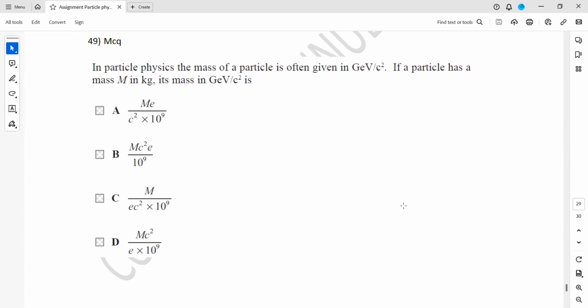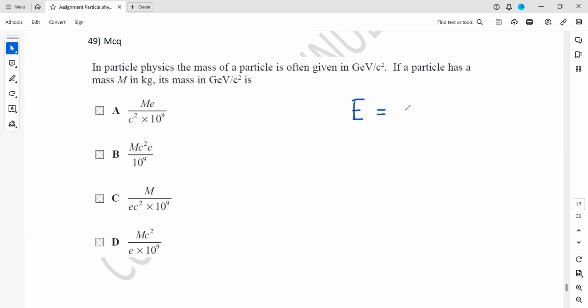If the particle has the mass m in kilogram, what is its mass in giga electron volt? Usually, if we have the mass in kilogram, we should be able to convert it into giga electron volt or mega electron volt. How do we convert the mass in kilogram into giga electron volt?